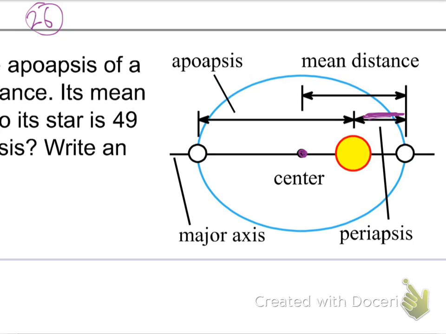I need to find, basically it's going to be A minus C. Everybody see that? Because A is from the center to the edge. C is from the center to the focus. It's going to be A minus C. So basically I got to find the equation, find A, find C, subtract them. Everybody see the game plan?